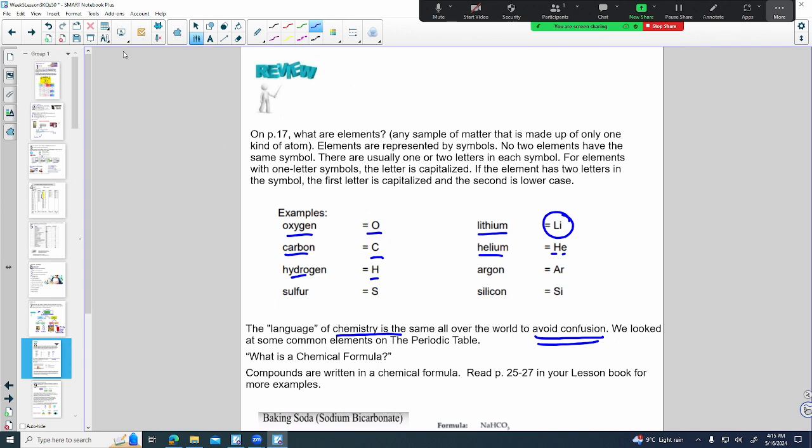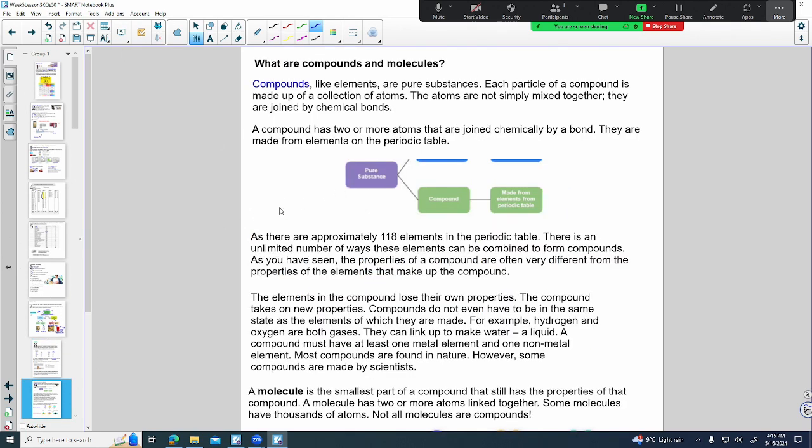Okay, up next, this is what we're starting on, compounds and molecules. Compounds, like elements, are pure substances. When we talked about water, water is a compound because it is made up of 2 parts hydrogen, 1 part oxygen. Each particle of a compound is made up of a collection of atoms. The atoms don't just mix together, they are joined by chemical bonds.